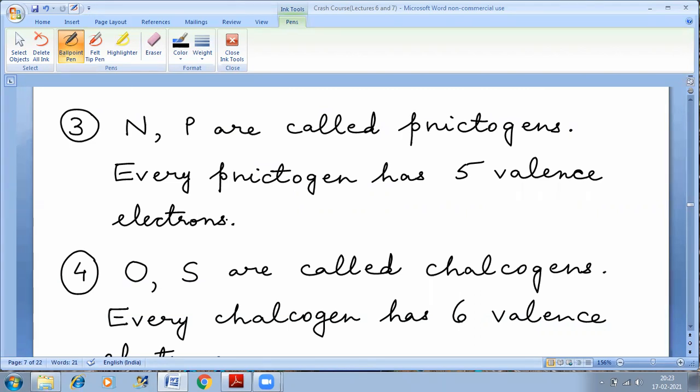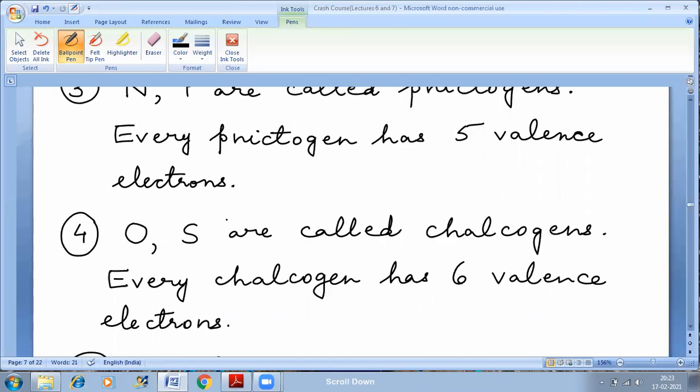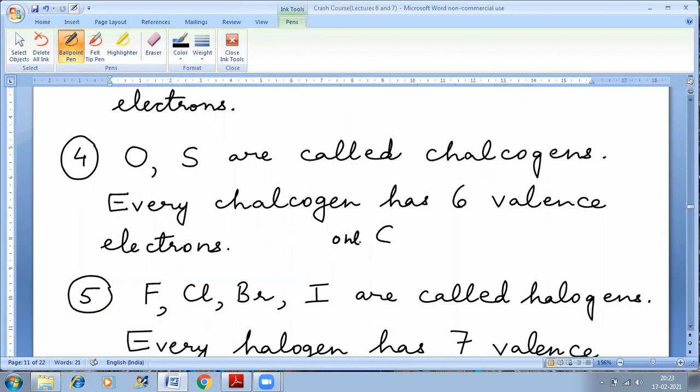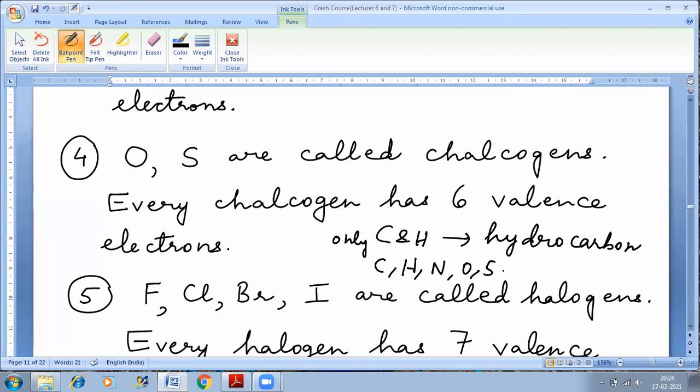So will a functional group not be termed hydrocarbons? See, I'll tell you, if I have any compound which has only carbon and hydrogen, then only I will call it a hydrocarbon. If in addition to carbon and hydrogen there are other things, then I cannot call it a hydrocarbon.